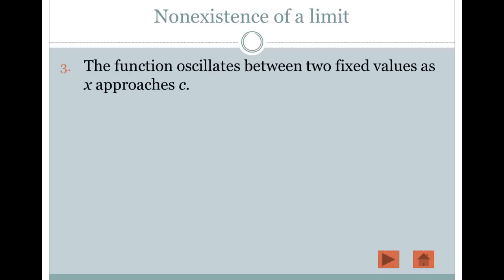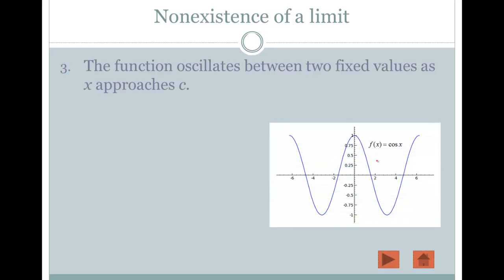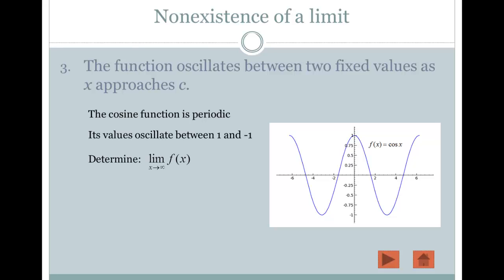And the third one is going to be where a function oscillates between two fixed values. Okay, so something like this. If I look at the cosine function, and I'm interested in what happens to the cosine function as x gets huge. I know that cosine is periodic. I know that its values oscillate between 1 and negative 1. So as x goes off to infinity, I'm just going to have this function go bouncing up and down.